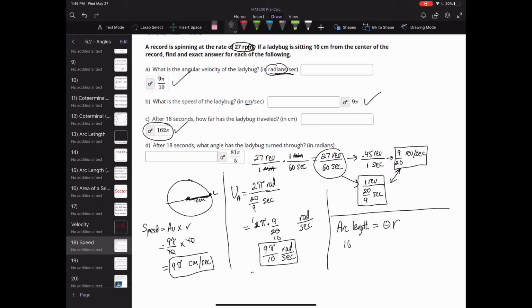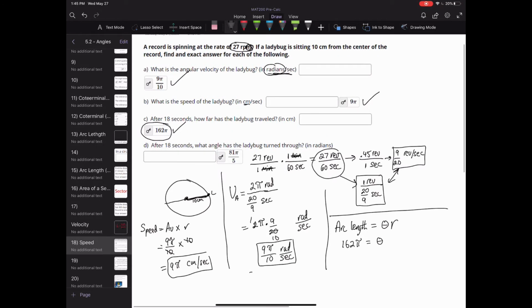So 162 pi is equal to the angle times the radius, in this case 10. Divide both sides by 10 and you get theta is equal to 162 over 10 pi. Divide the top and bottom by 2, and you get 5 down there. The pi stays, and we get 81. So 81 pi over 5 radians. You can see that that's the answer right there.